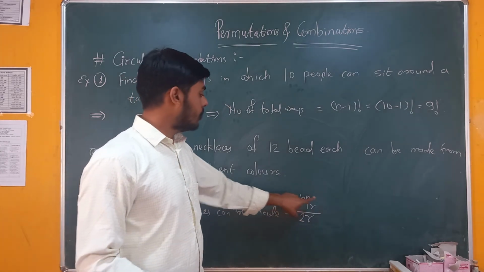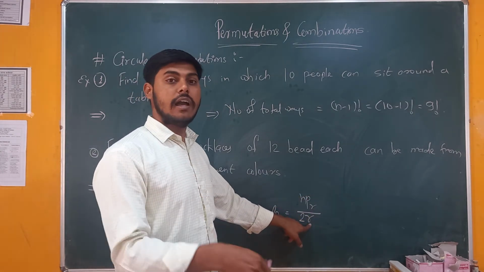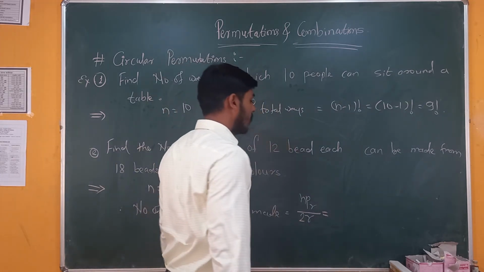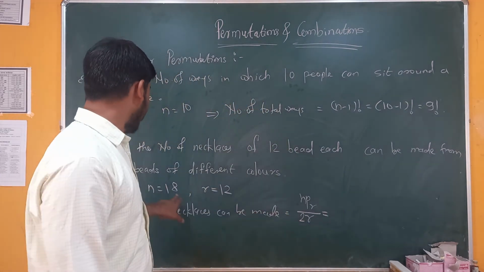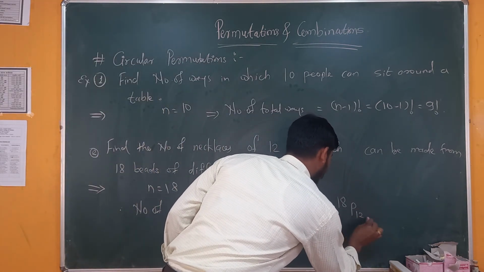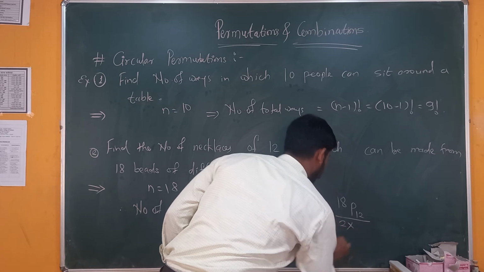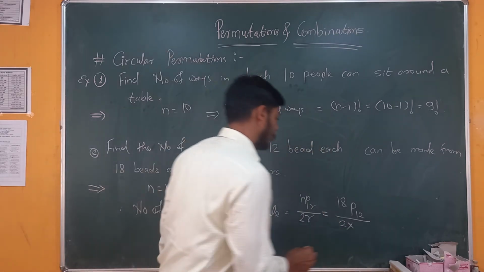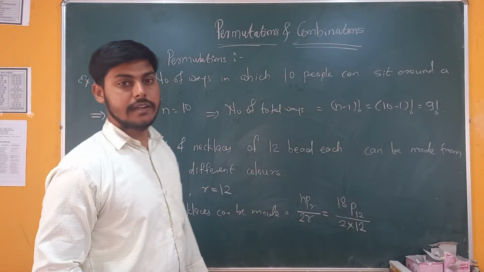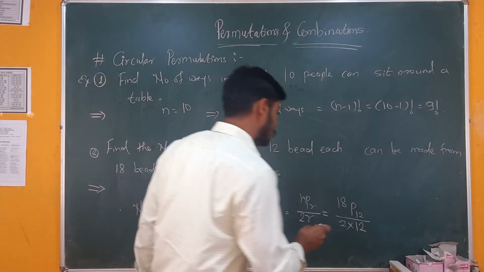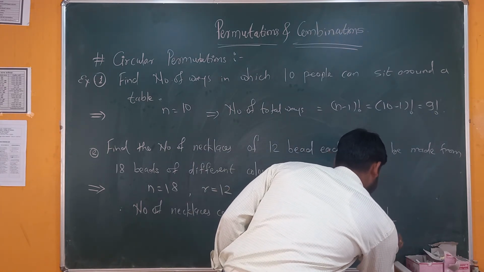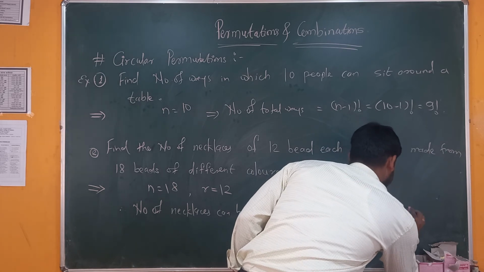What is the value of n here? n is 18, nPr is 18P12, divided by 2 into r. What is the value of r? 12, the number of distinct objects taken at a time. So the final answer of our question is 18P12 divided by 24.